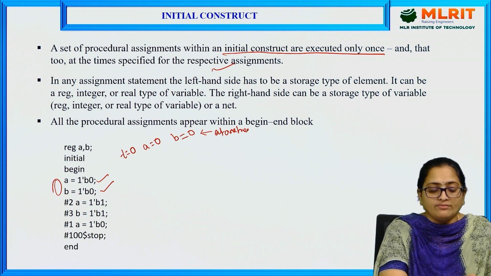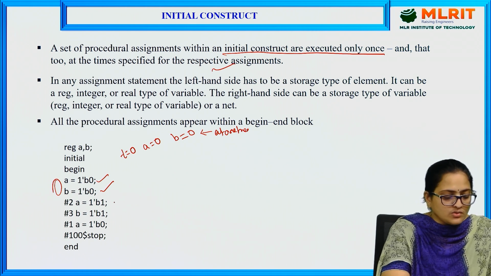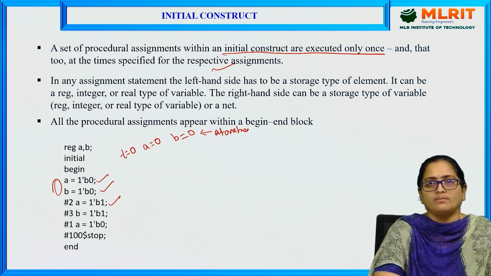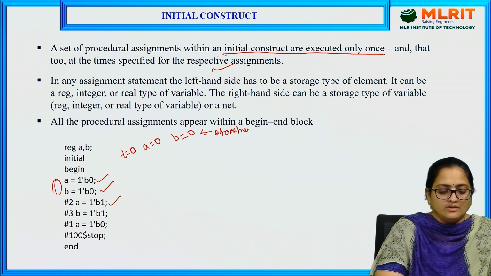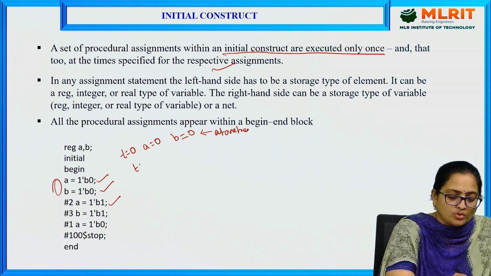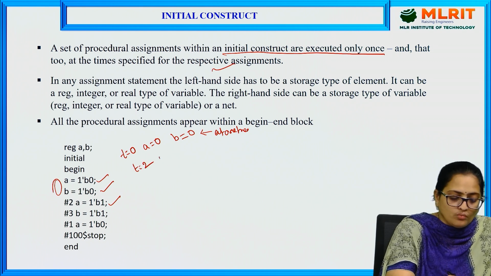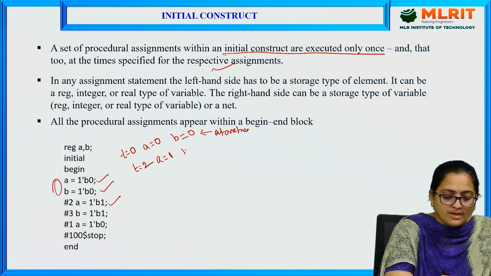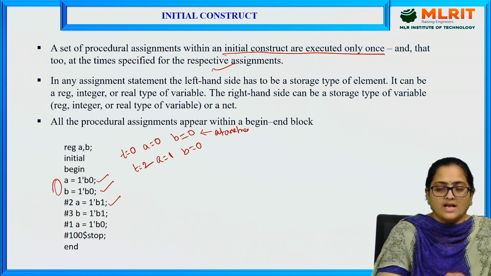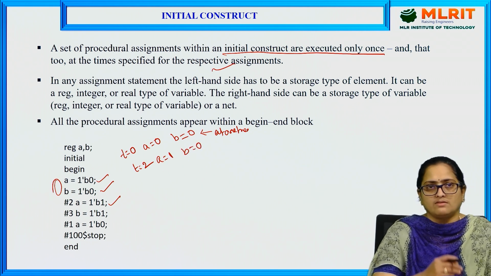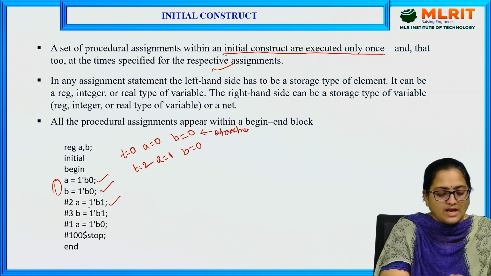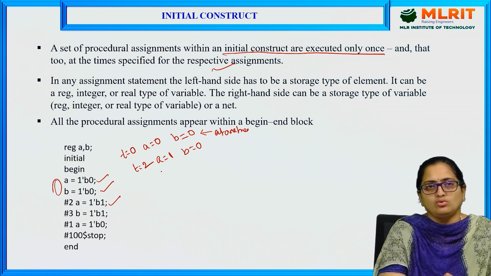Next, after two time intervals, I asked to change the A value to a 1-bit binary value of 1. So, after two time intervals at time t is equal to 2, A value will be changed to 1, B value will be kept the same as 0, because at time t is equal to 2, I asked only to change the A value, not the B value.